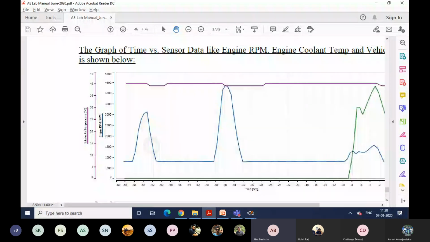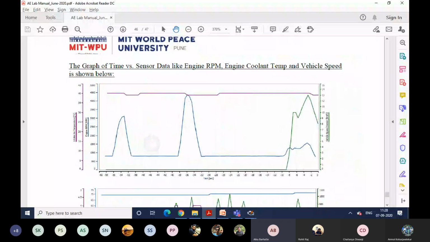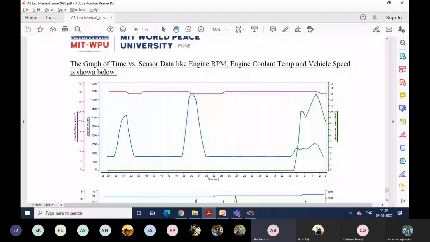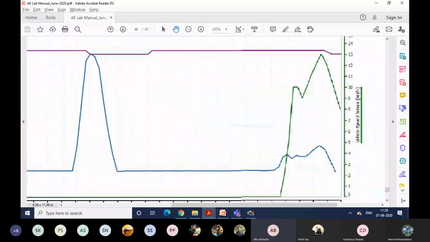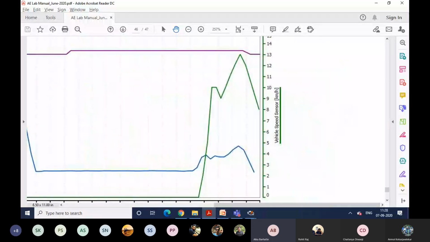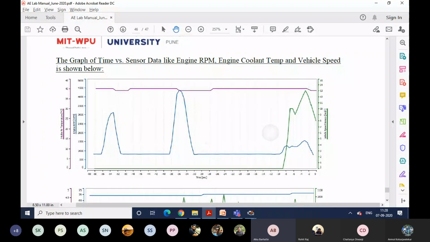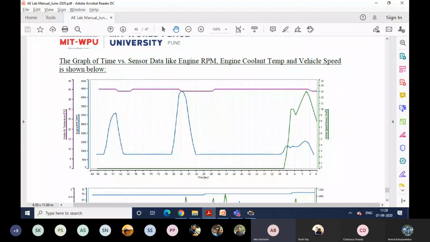We have just started the vehicle, and these sensor values can be recorded. You can see, and the green one is representing your vehicle speed sensor. So vehicle speed as well as engine speed can be compared here.